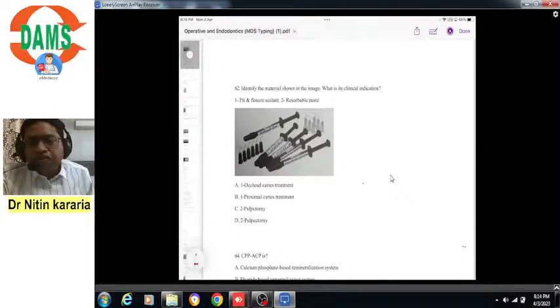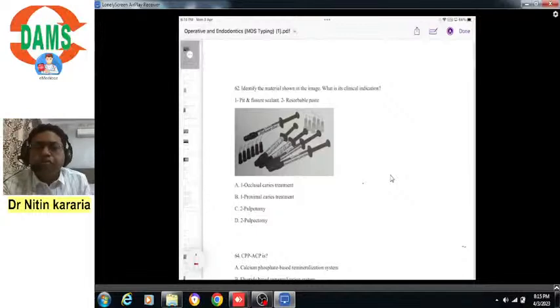So the first part has got two options. Is it a pit and fissure sealant or a resorbable paste? And for the second part, the options listed are: it is used for occlusal caries treatment, proximal caries treatment, pulpotomy, or pulpectomy.